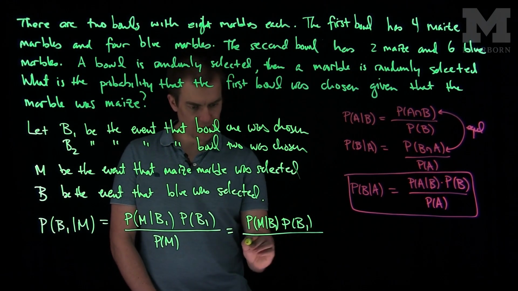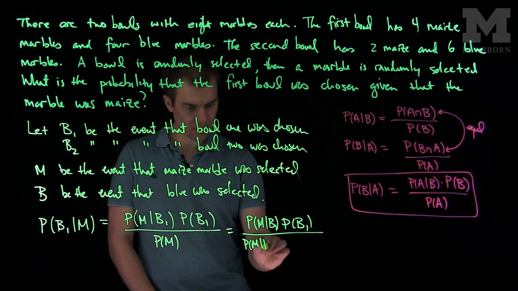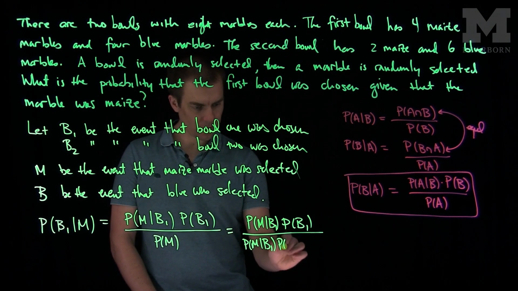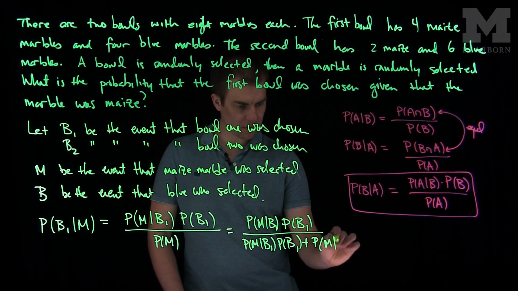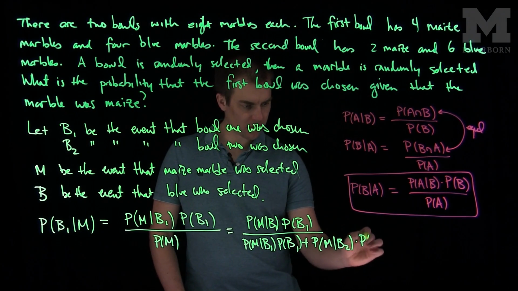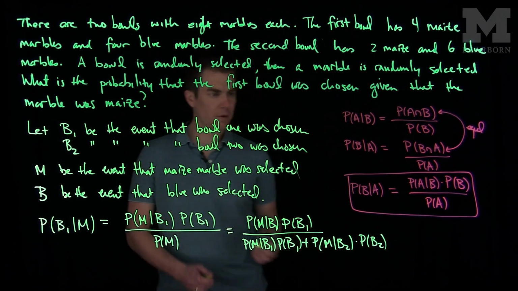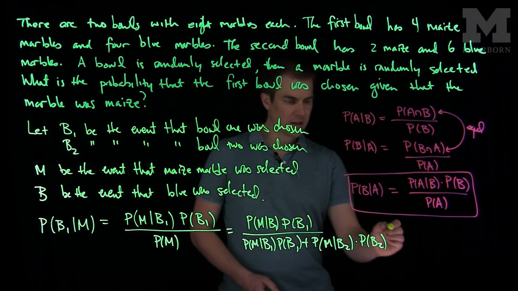Now we can use Bayes again. This is the probability of M given B1 times the probability of B1, plus the probability of M given B2 times the probability of B2. And so now we can fill in what each of these things is.